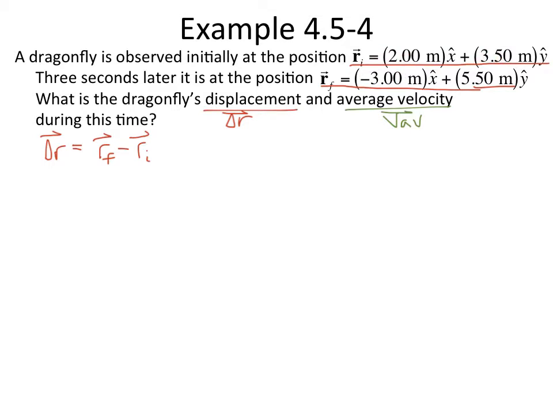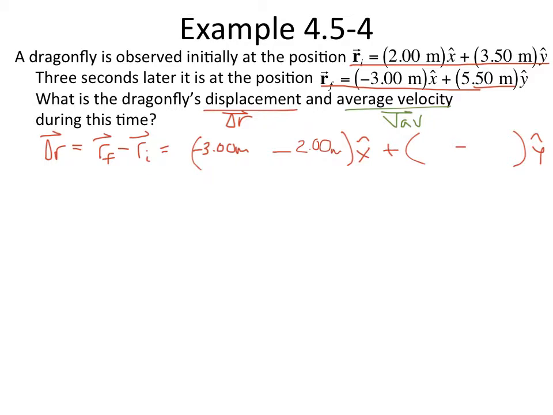That means we are going to be subtracting our initial from our final. So we're going to subtract something x hat, and we're going to subtract something y hat. What is that something? Well, our final x hat is negative 3.00 meters, subtract the r initial x hat, that's 2.00 meters.